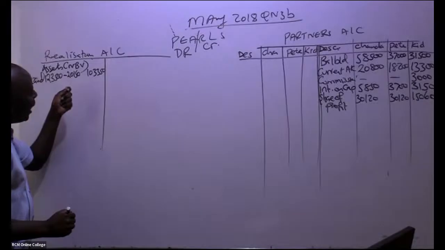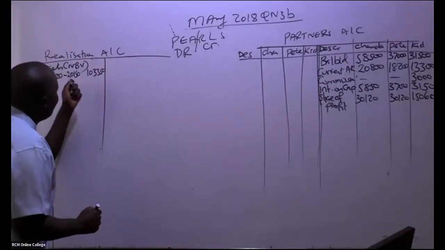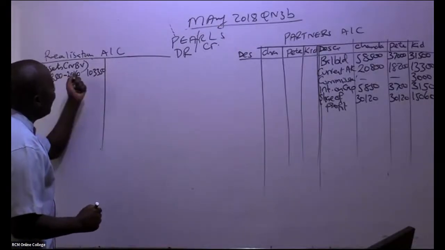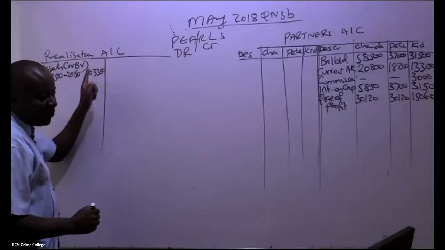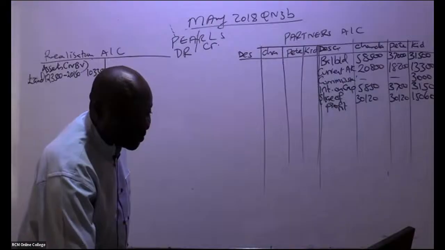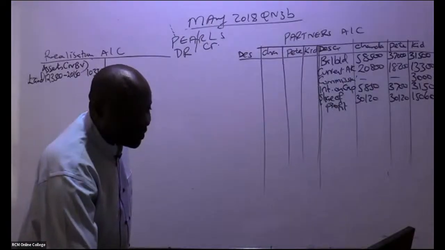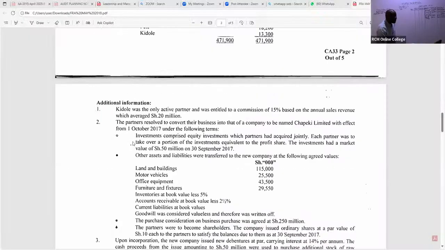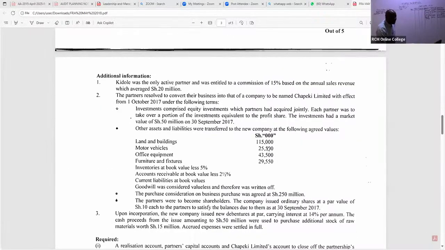Please, here, I'm 100% sure that most students on the realization account, they bring the fair values. A good number of them will come and tell you, if it's land and buildings, why can't we pick this figure? So you can see these were agreed values between these partners and the new company directors.